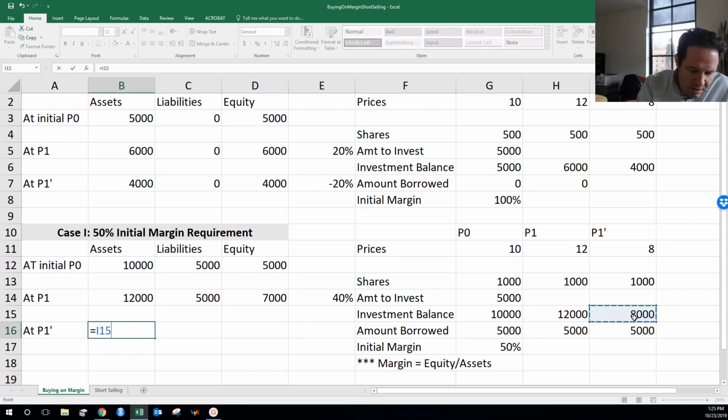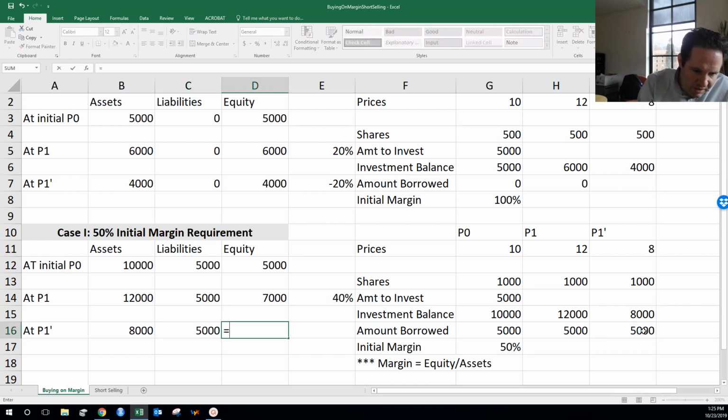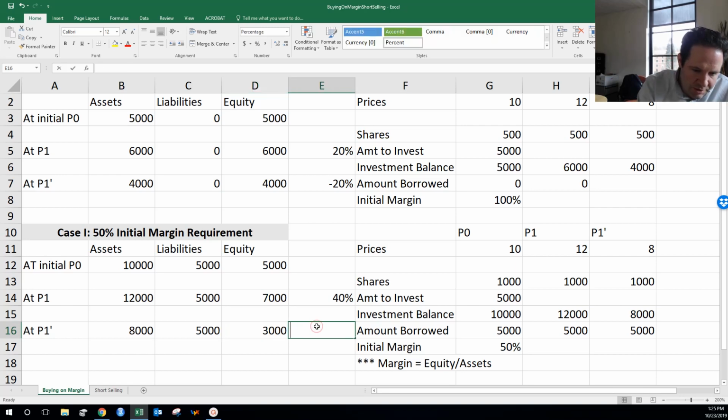Here you can see the 20% decline in the stock's price. You can see that you have assets minus liabilities, and you get a drop in your bottom line investment account of $2,000.